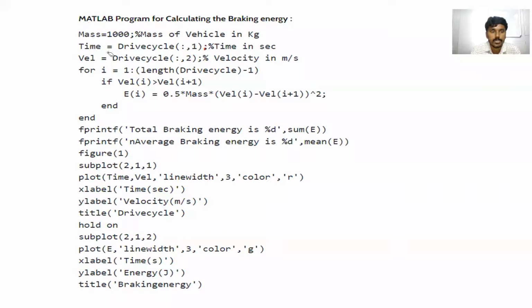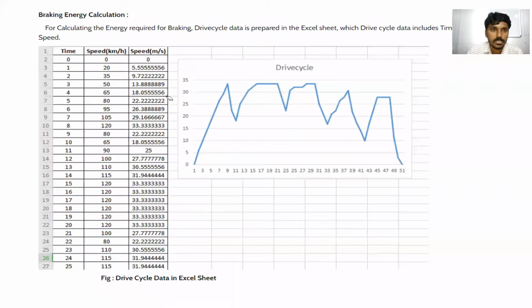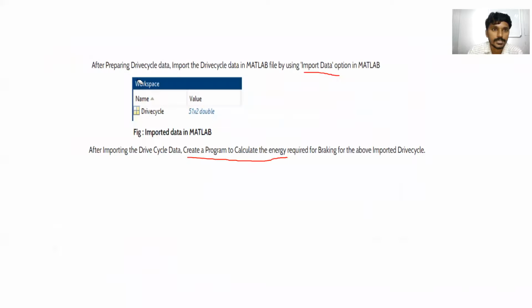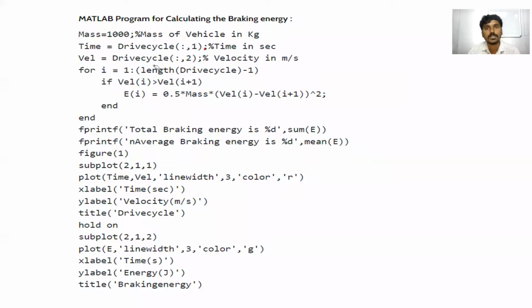First we write the vehicle weight, and next we give the time, drive cycle column 1. Here 1 represents the time, and 2 represents the speed.